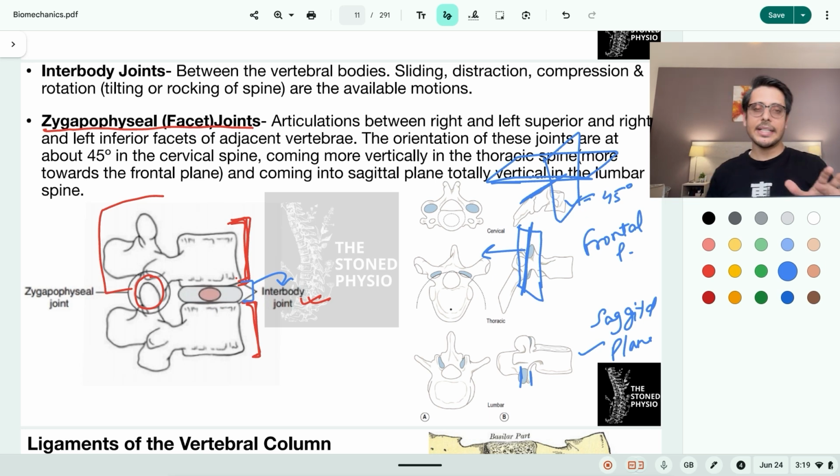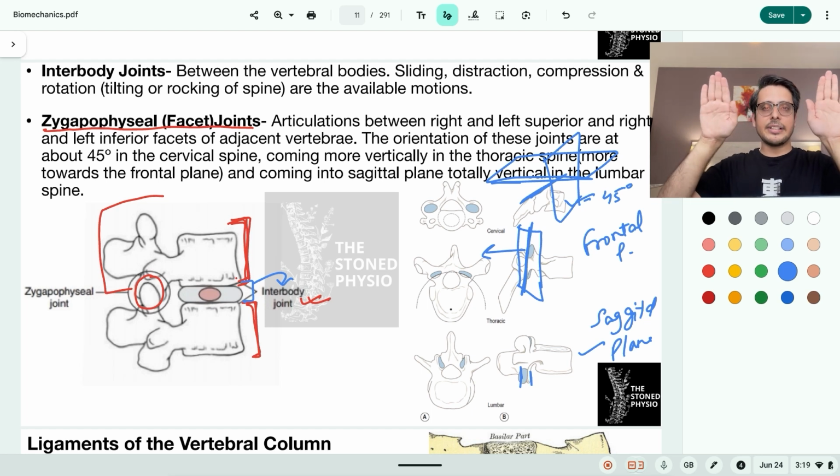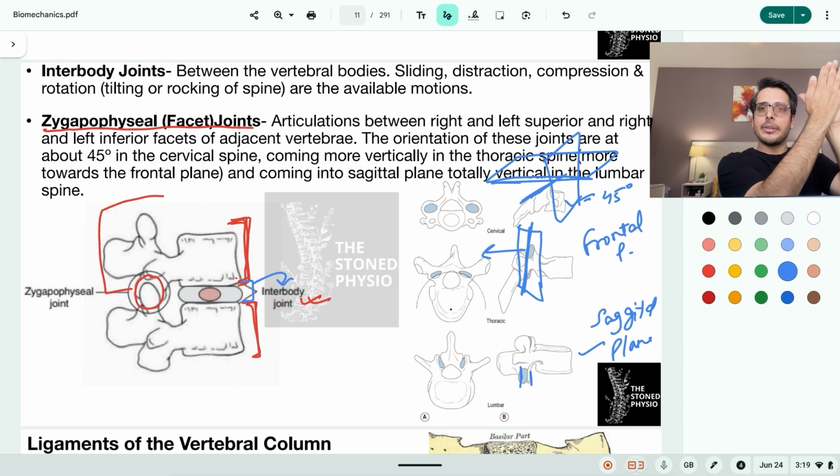But for now, what we can see is that the predominant backward forward movement is in the lumbar spine because of the orientation of the vertebrae like this, hence the mobility like this. In the thoracic spine, the orientation of the facet is mostly facing forward, hence the movement like this, and it's mostly the sideway tilting like this.